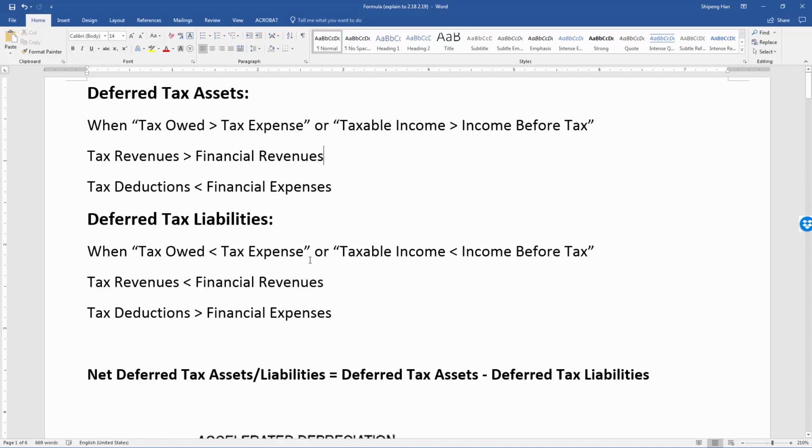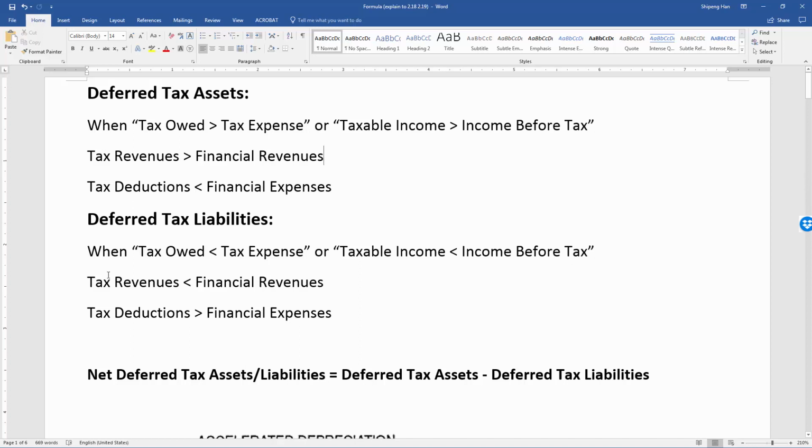This also applies to deferred tax liabilities. A deferred tax liability is created when the tax owed is less than the actual tax expense the company incurs, in other words, when taxable income is less than income before tax. What makes the difference between taxable income and income before tax?